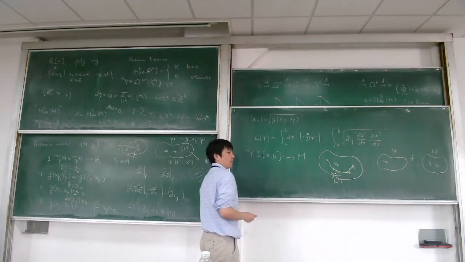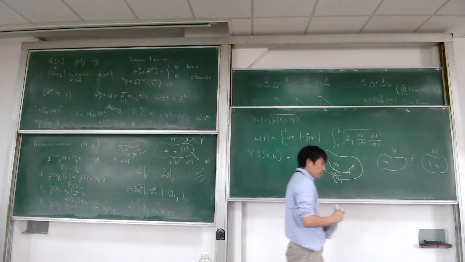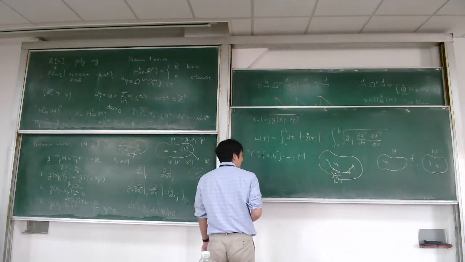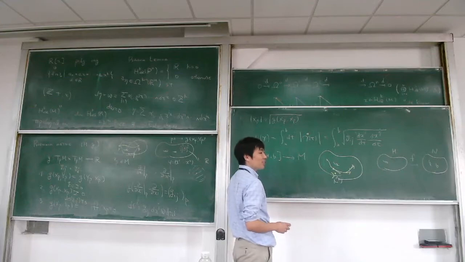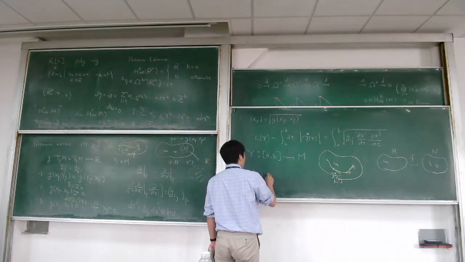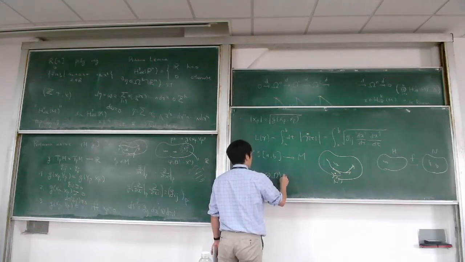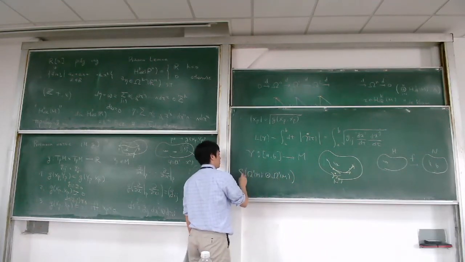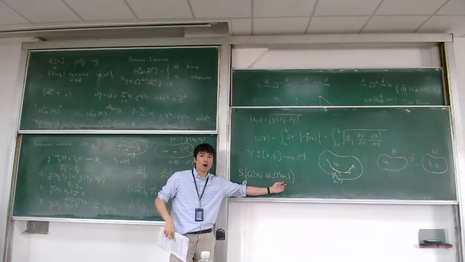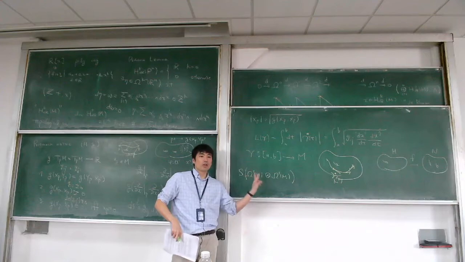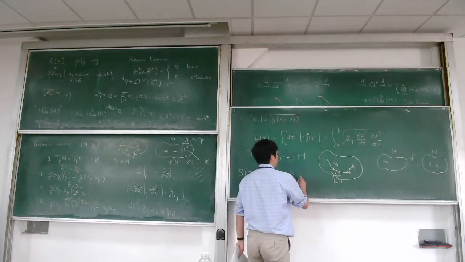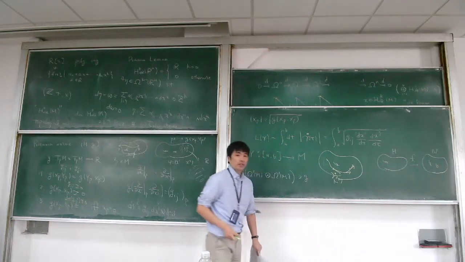Take the tensor product of one-forms and look only at the symmetric part. This S means the symmetric part.